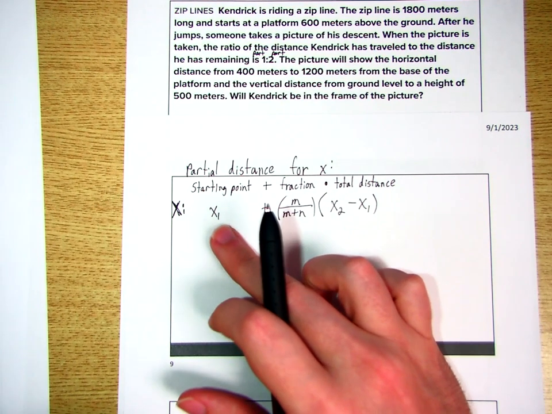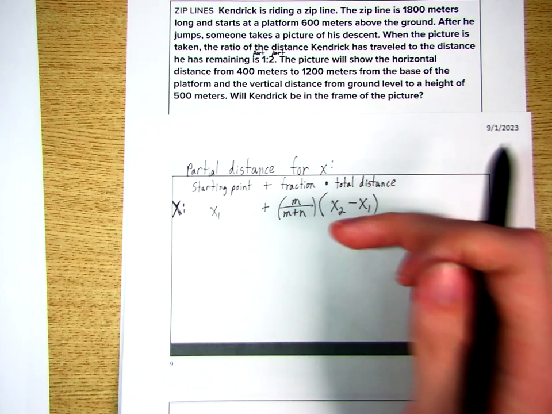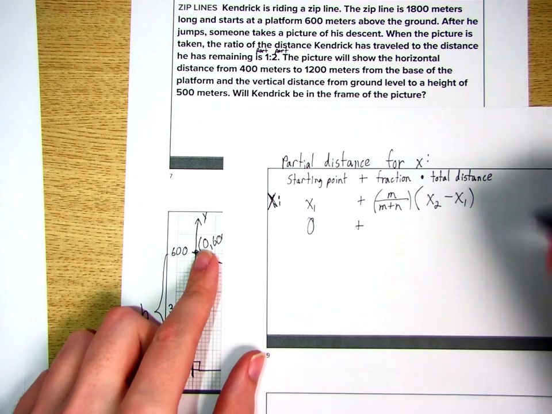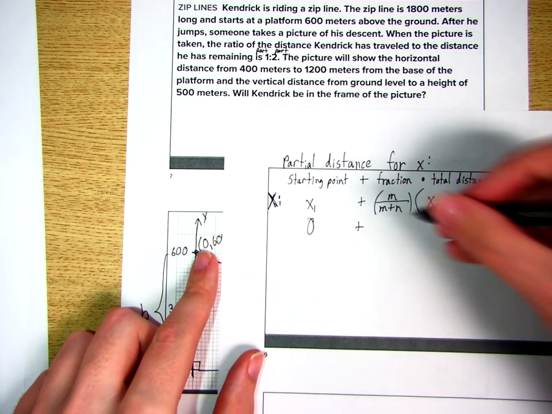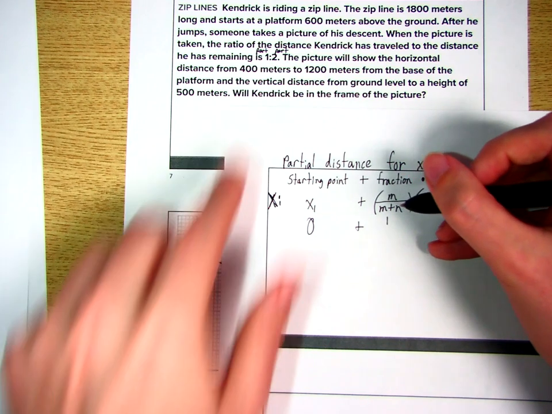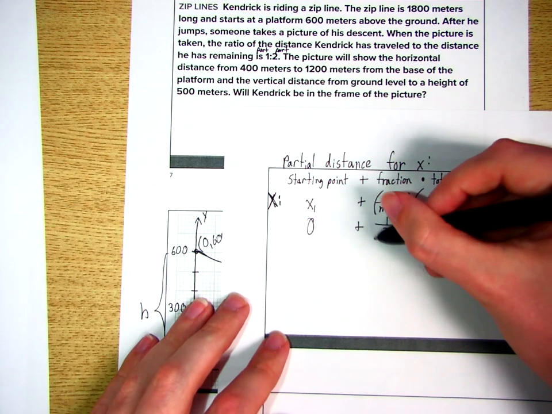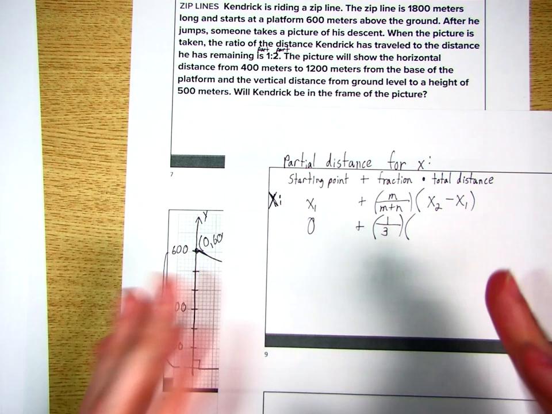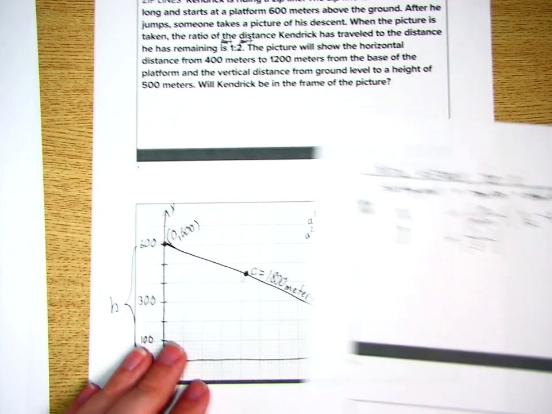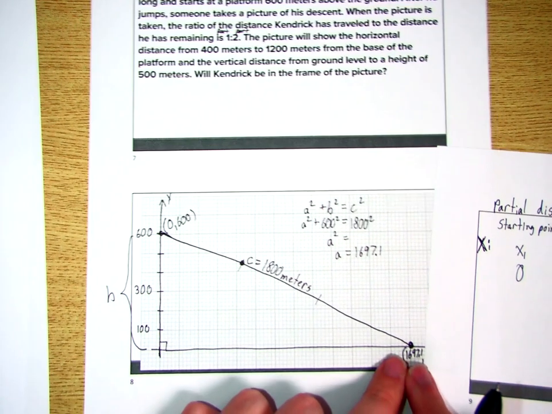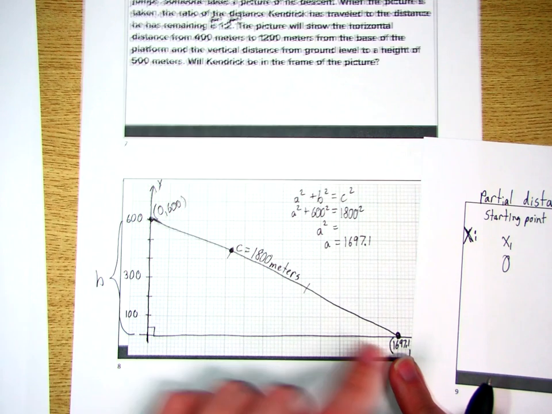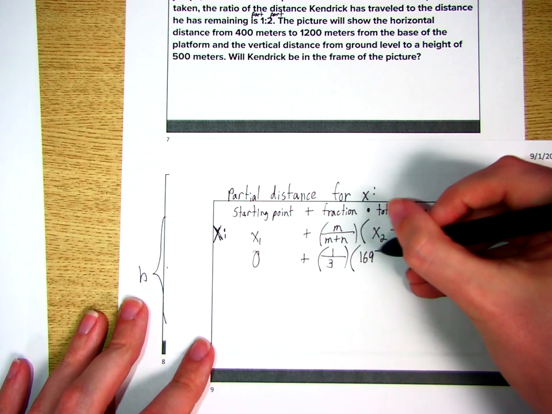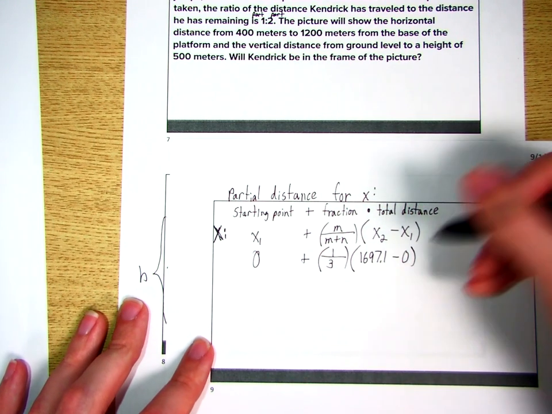X coordinate wise, he's starting at 0. He's starting all the way to the left in the picture. He's starting at an x value of 0. Then we're going to be adding a fraction of 1/3 times the total distance he's traveling horizontally. Now he's traveling to 1,697.1 from 0. 1,697.1 minus 0.